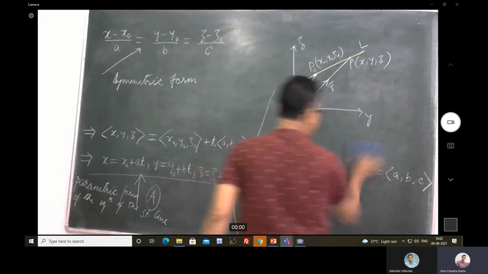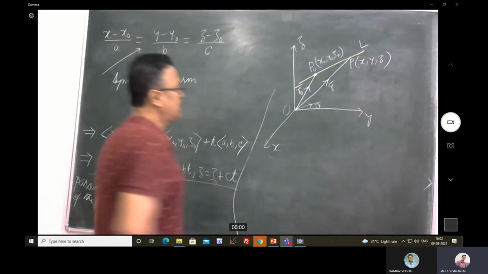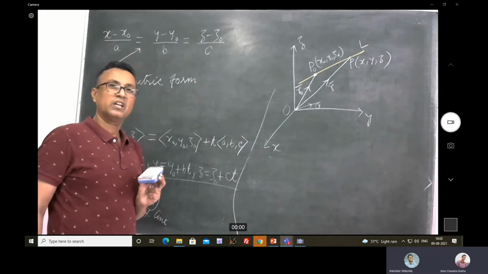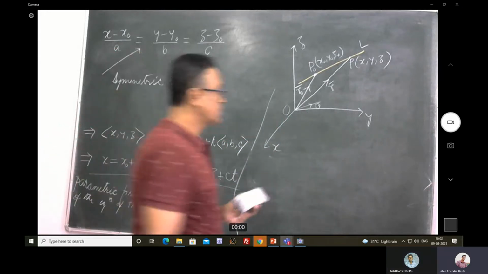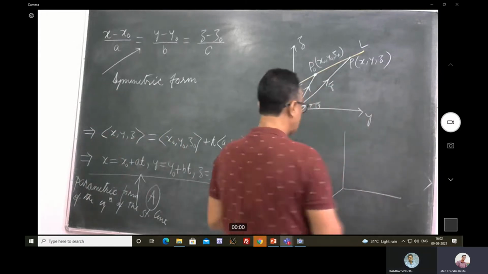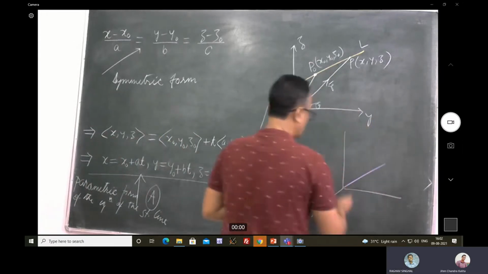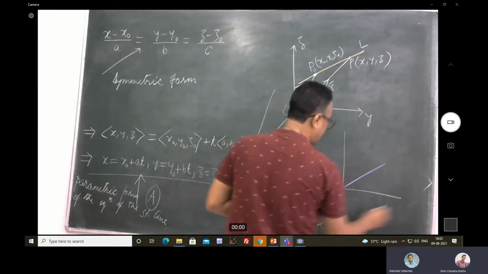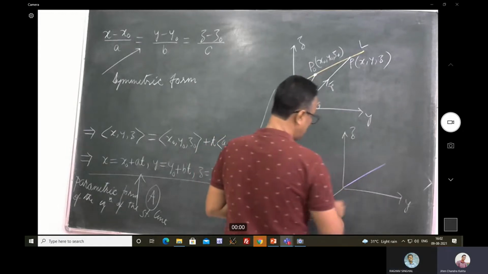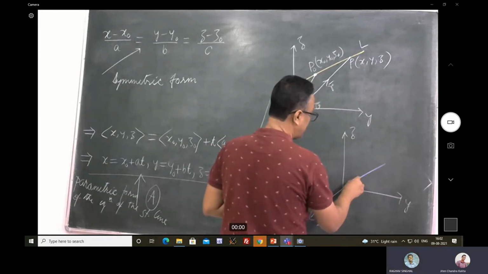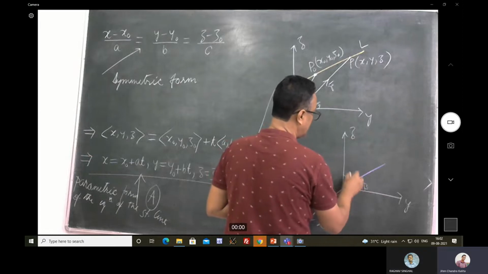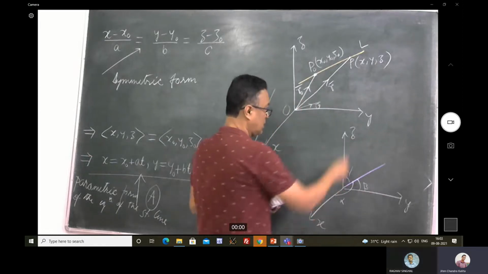Okay, so now let me try to get back to what we were doing there: direction angles and direction cosines. If you recall, the direction angles of a vector are nothing but the angles made by this vector with the axes: alpha with the x axis, beta with the y axis, and gamma with the z axis.